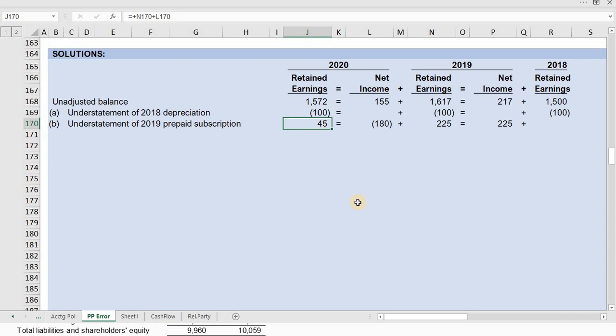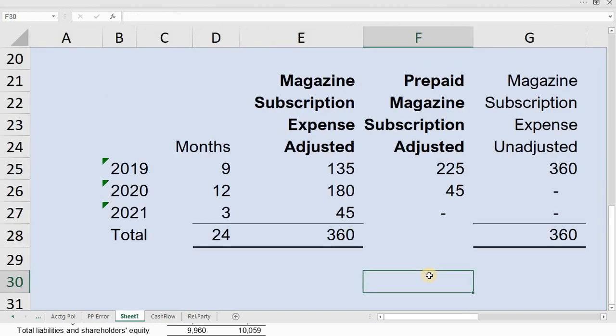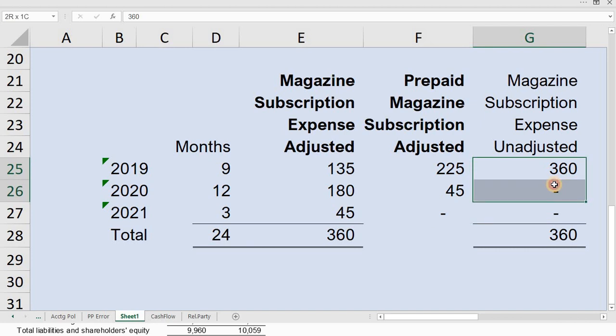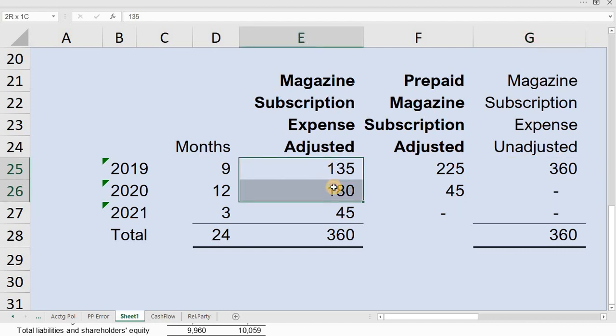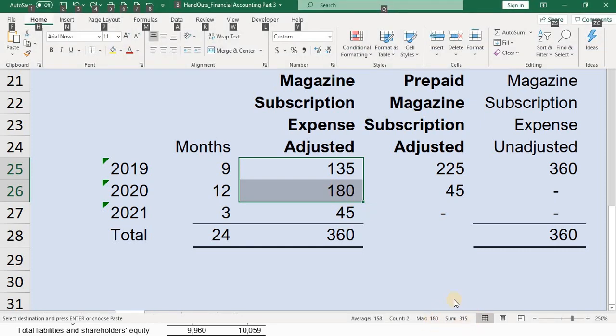And why is the retained earnings at the end of 2020 understated by 45 pesos? Again, based on this computation, the entity as of the end of 2020 has already recorded a 360 expense. However, the correct amount of expense that should have been recorded by the entity as of the end of 2020 is only the total of 135 and 180, and that is 315 pesos, which is lower than 360 by 45 pesos.